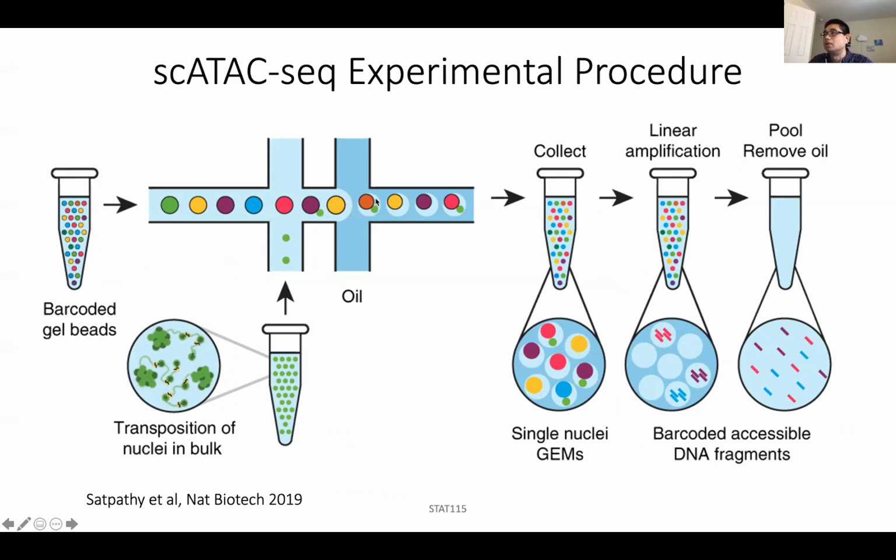And all the PCR reactions will occur within the single droplet. So all the open chromatin regions will be tagged by the same cell barcode for that cell, which we can separate computationally later after we get the data.